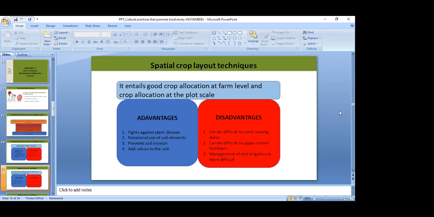When you are on spatial crop layout, some certain fertilizer, we discussed IPM, integrated pest management. If you must use fertilizer at all, this spatial crop layout will discourage it. And we also talk about management of plot irrigation, which will be more difficult to make use of when we talk about spatial crop layout.